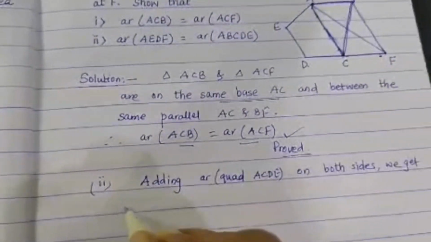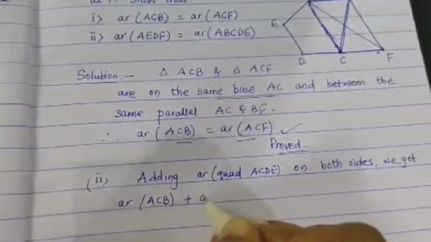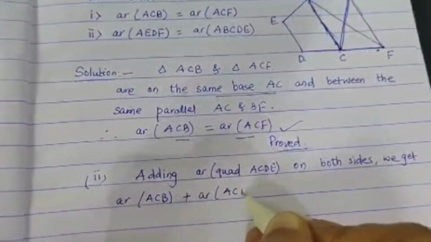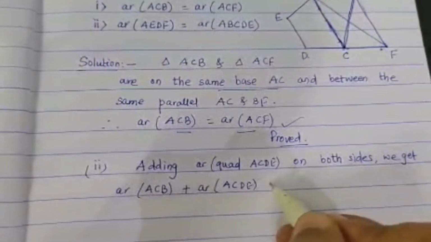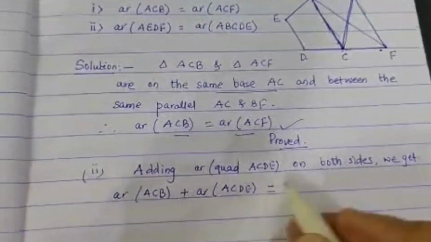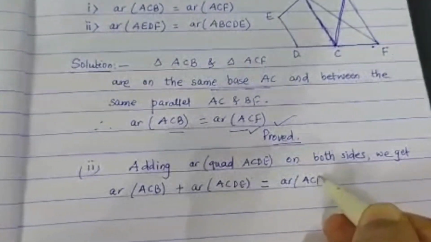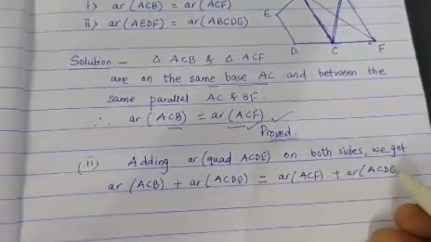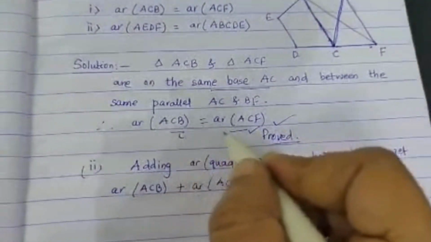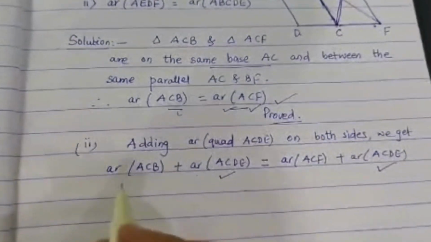That means area ACB plus area ACDE is equal to area ACF plus area ACD. So in this equation we have just added this area ACDE on both sides.